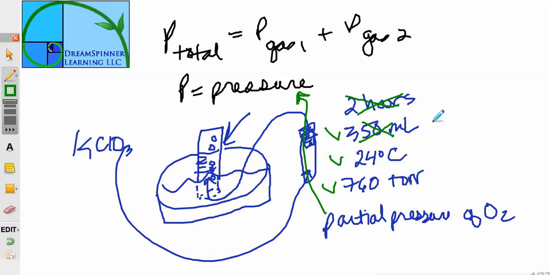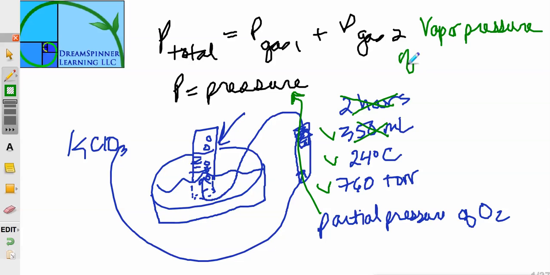And I just realized this may be why you can't do this problem, because you need the vapor pressure table, and I think I've included that on the left sidebar of the homework assignment. You don't have the information in your book that I have in my book that says the vapor pressure of water is 22.4 torr at 24 degrees.